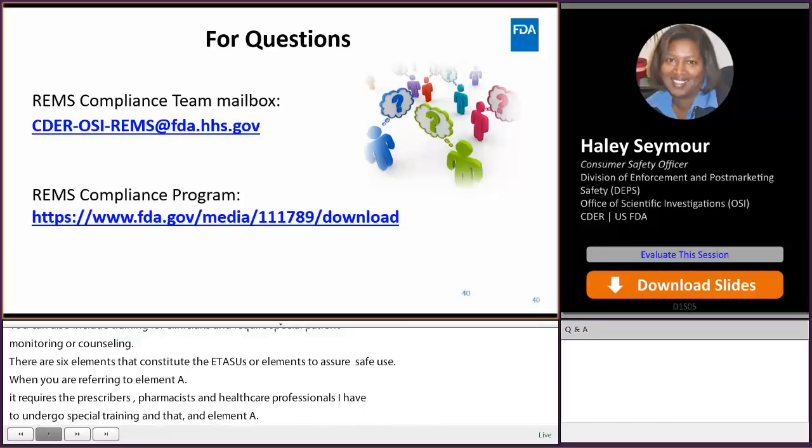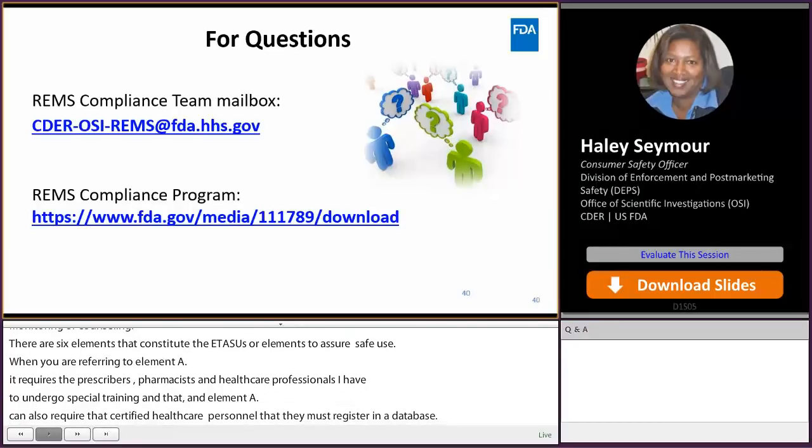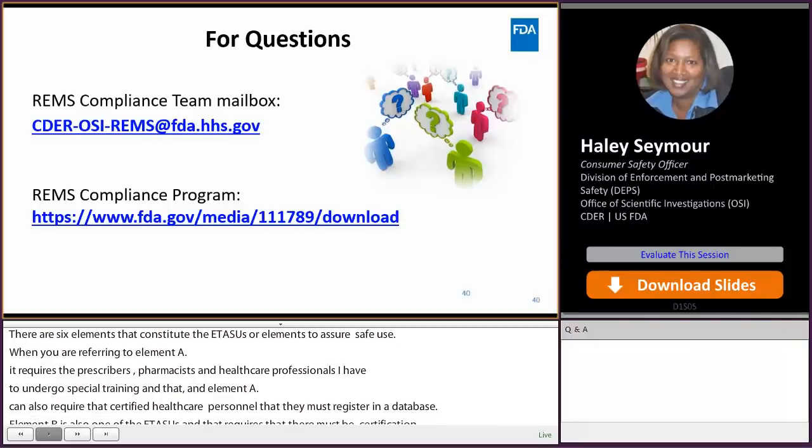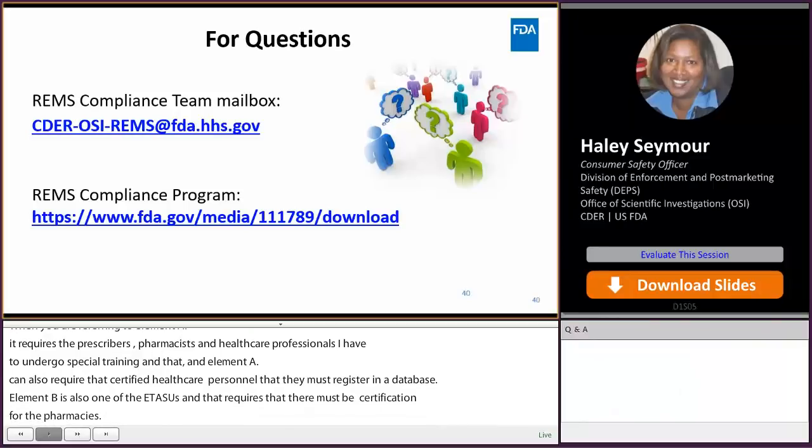Element B is also one of the ETASUs, and that requires that there must be certification for the pharmacies. Element C requires that the drug administration is restricted to specific and certain healthcare settings.